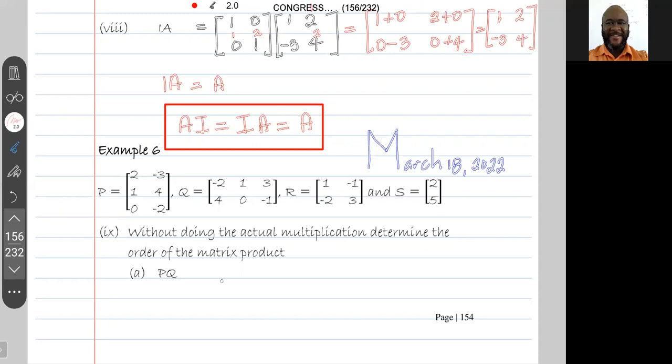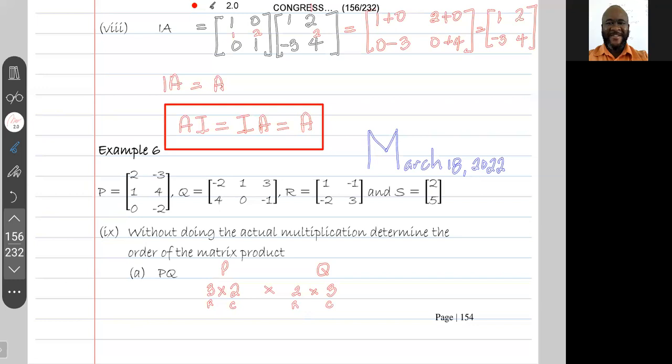All right, so P is a 3 by 2 matrix, indicating that P has 3 rows and what? 2 columns. We're multiplying this now by Q, which is a 2 by 3 matrix, indicating that Q has 2 rows and what? 3 columns.